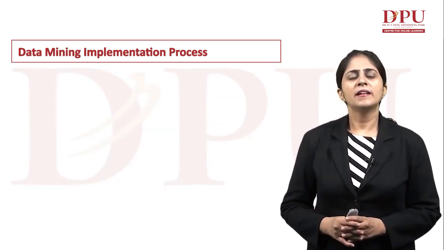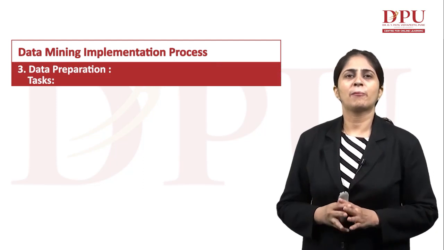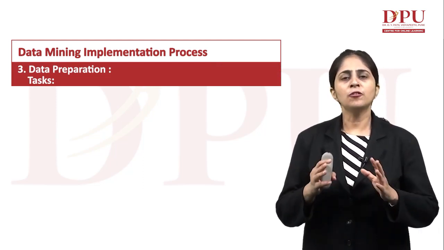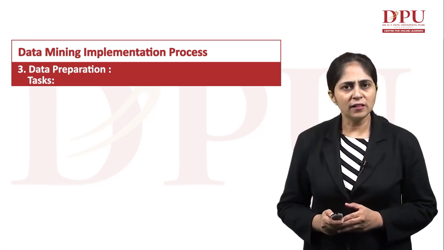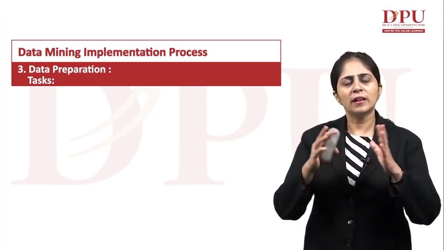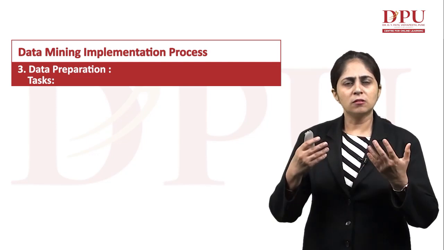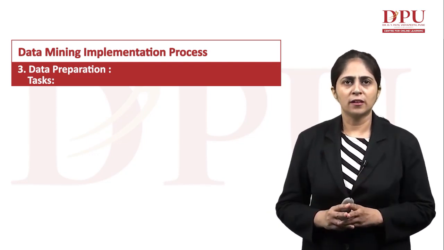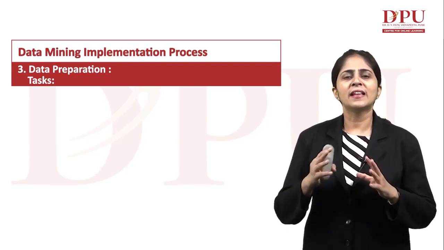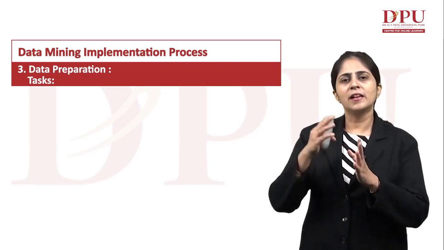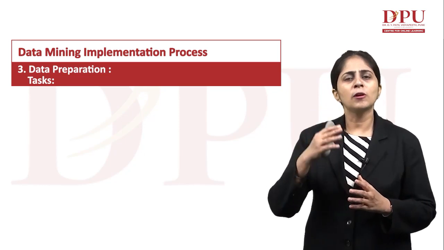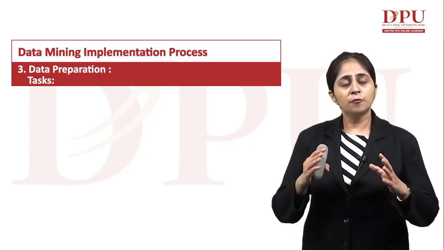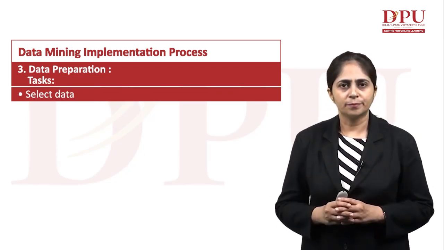Now, our next step is data preparation. Now we have to prepare our data properly. The data whose understanding has been done, that means whose collection has already been done and verified. Now we have to prepare that data so that it can be given for modeling. Preparing the data also requires a number of things. First of all, select the data.